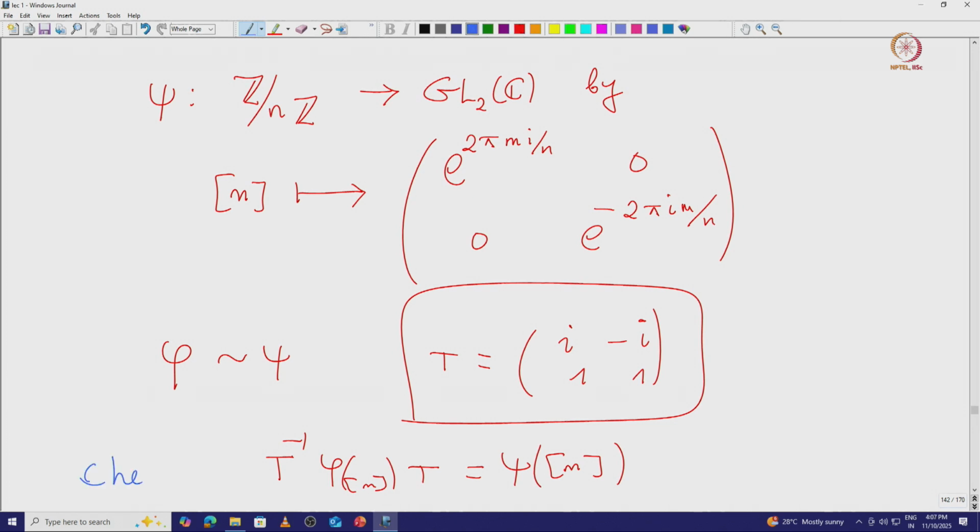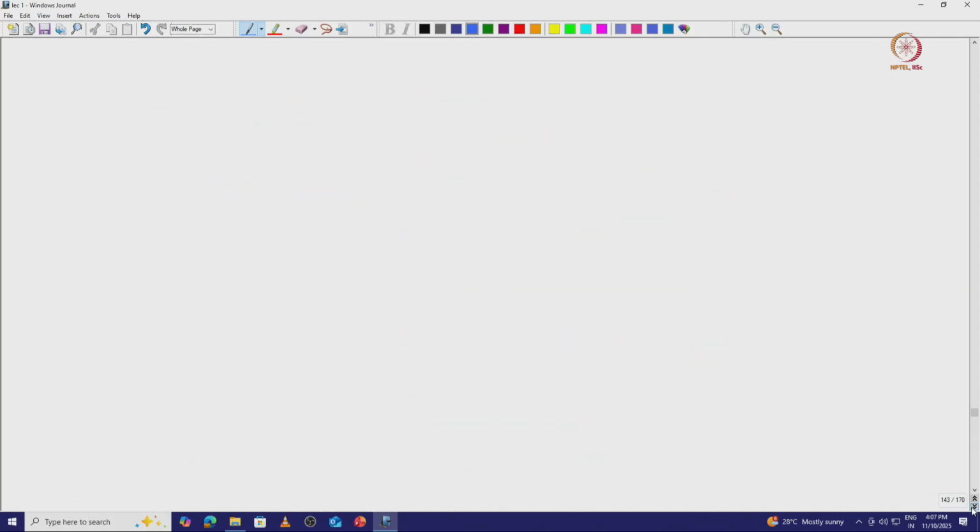This is just a matrix computation. Basically we are looking at two different bases of C^2 over C, and the change of basis is recorded in this matrix T. Okay, so this explains the equivalent representations.